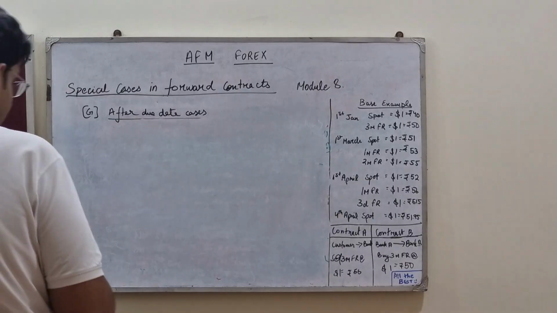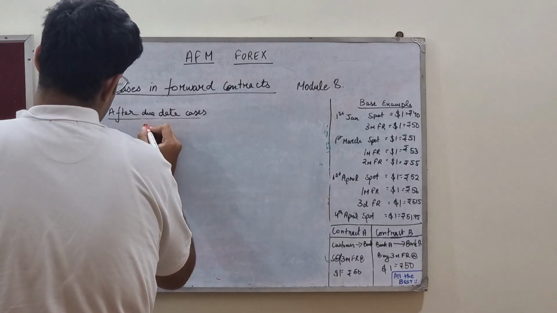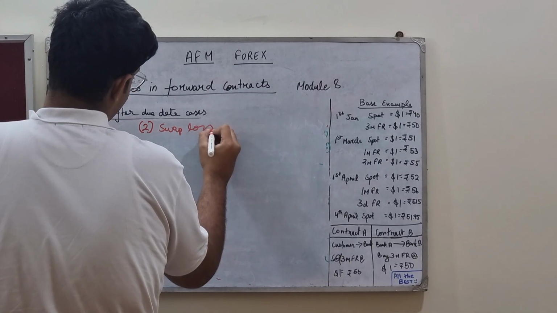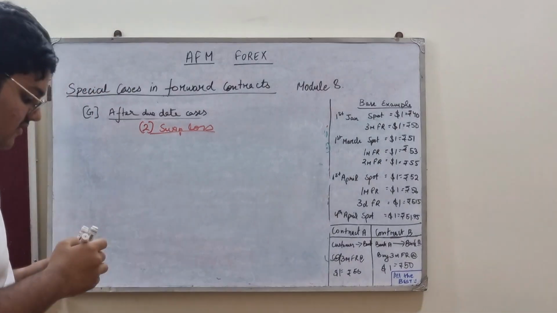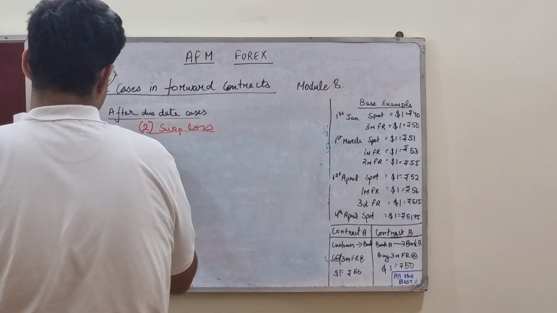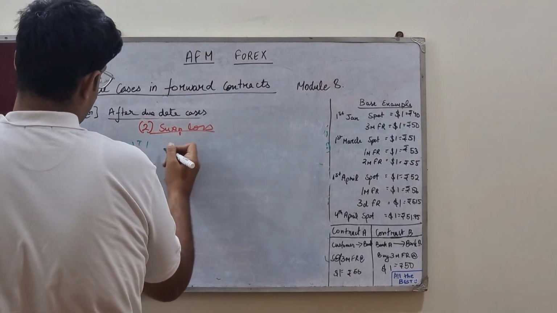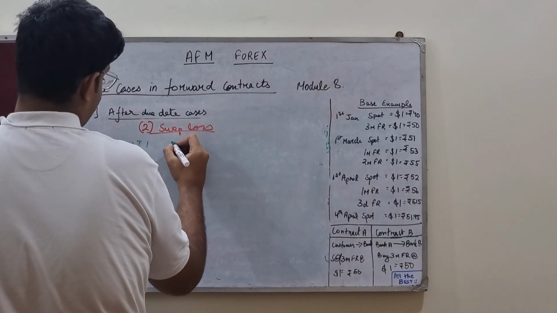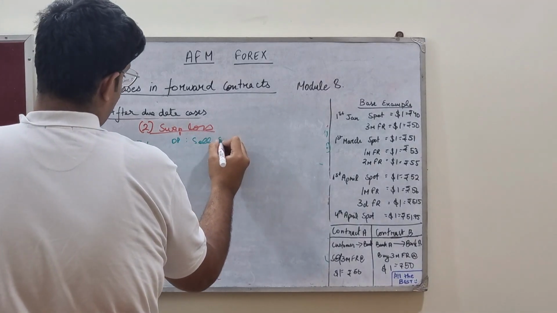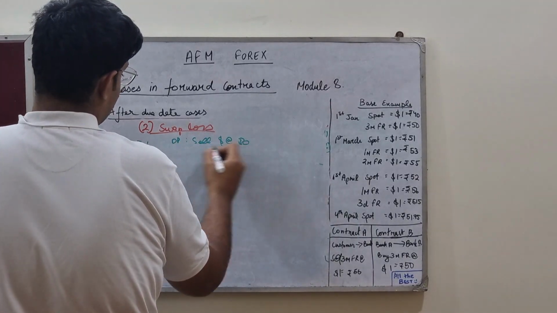Okay, step 2, swap loss. Here the heading won't even have gain because a gain is to be ignored. So swap transaction 1 would be to cancel contract A. The original position is sell dollar at 50.